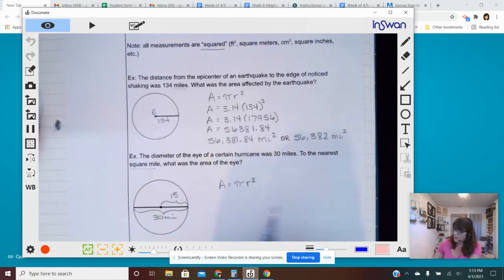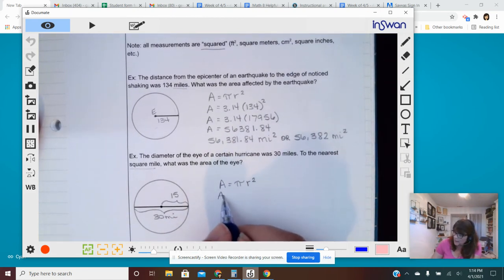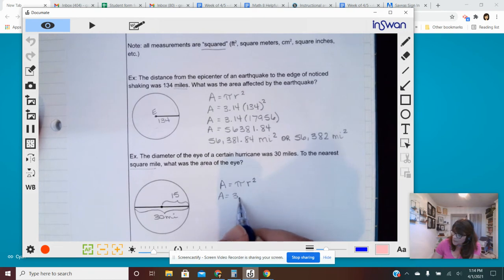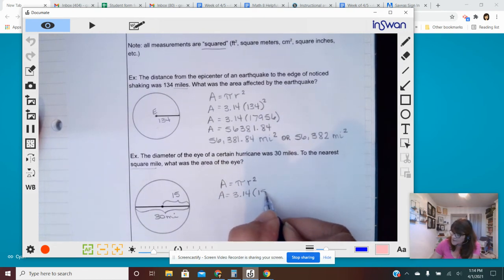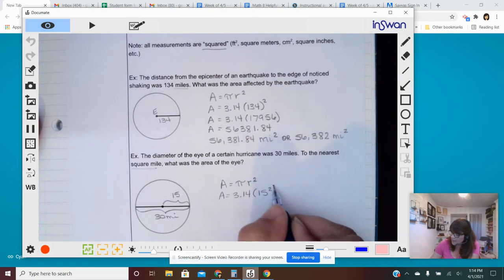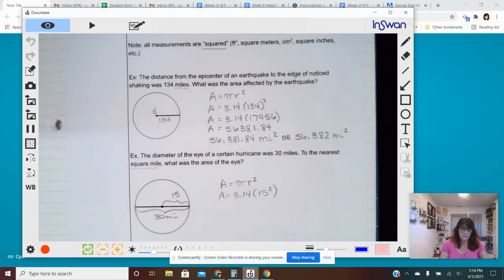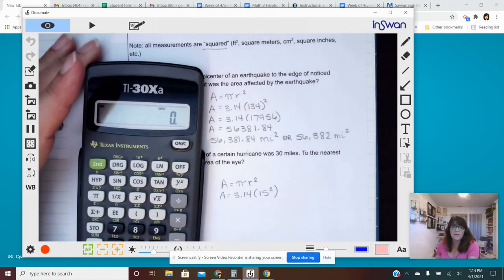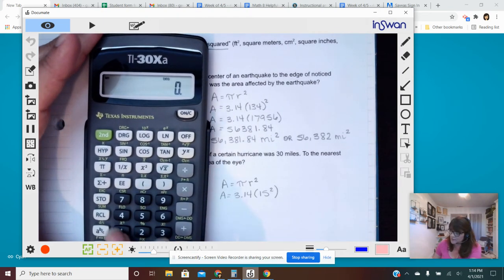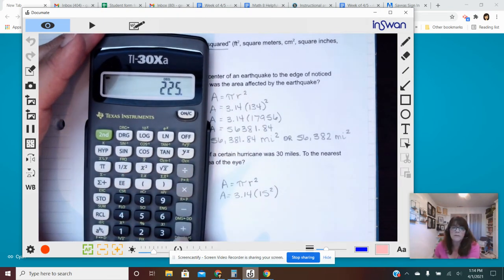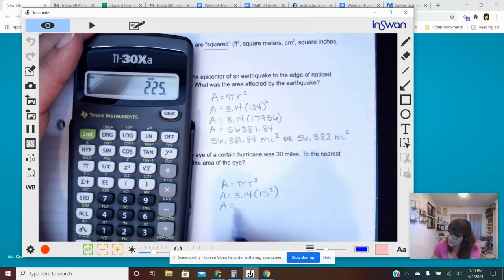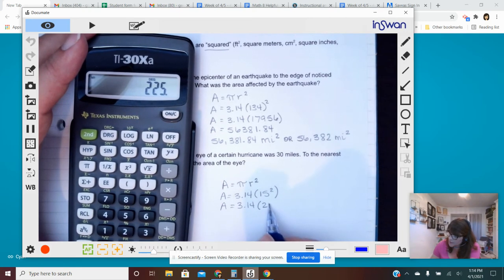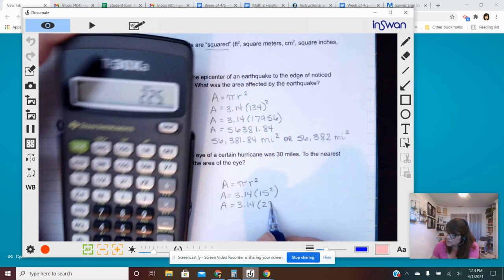So, area is 3.14 times 15 squared. Here's where we use our tools effectively. 15 squared is 225. So the area is 3.14 times 225.